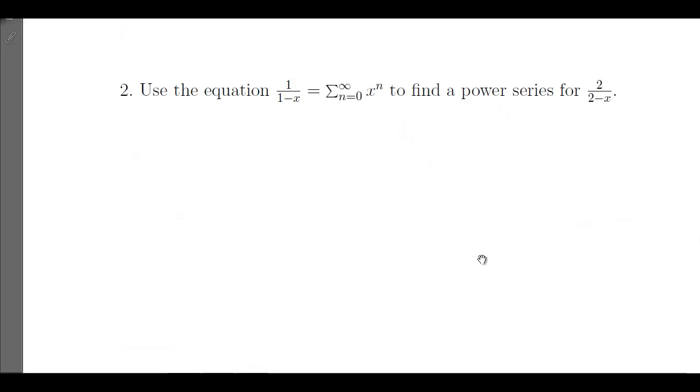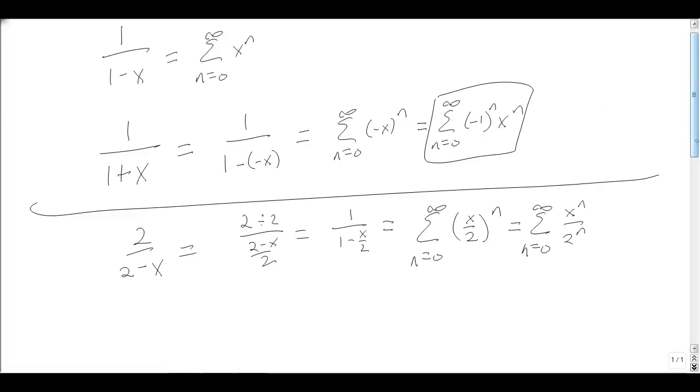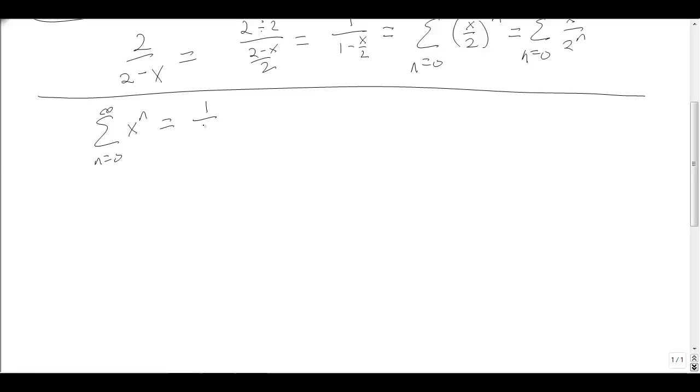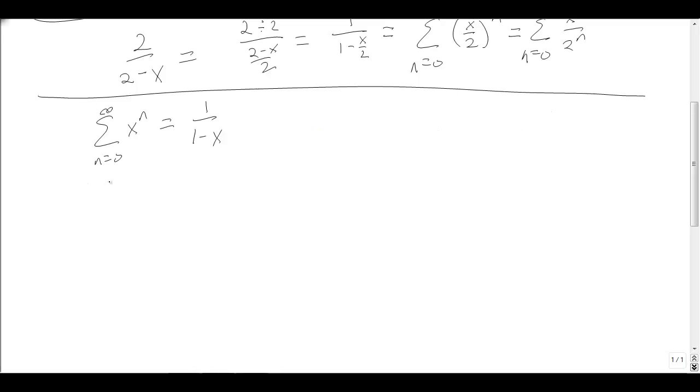Next one. So we want to use the equation 1 over 1 minus x equals summation n equals 0 to infinity, x to the n, to find a power series for 1 over 4 plus x squared. So same summation. Let's just write that up again. Summation n equals 0 to infinity, x to the n. This is 1 over 1 minus x. And what we had is 1 over 4 plus x squared.